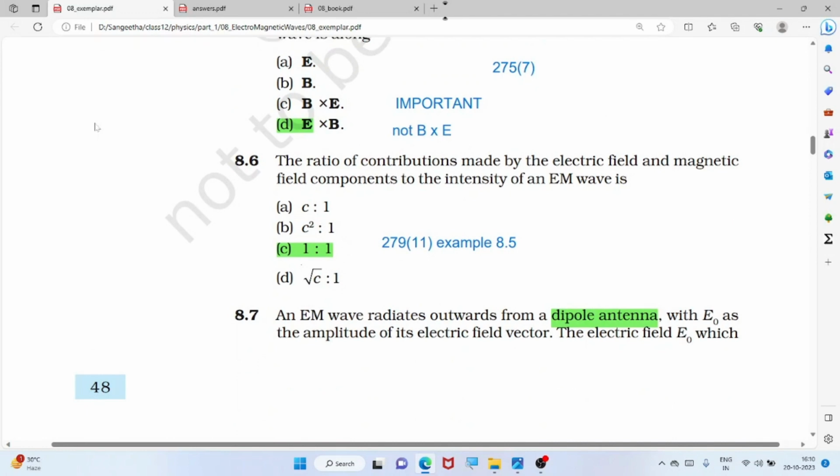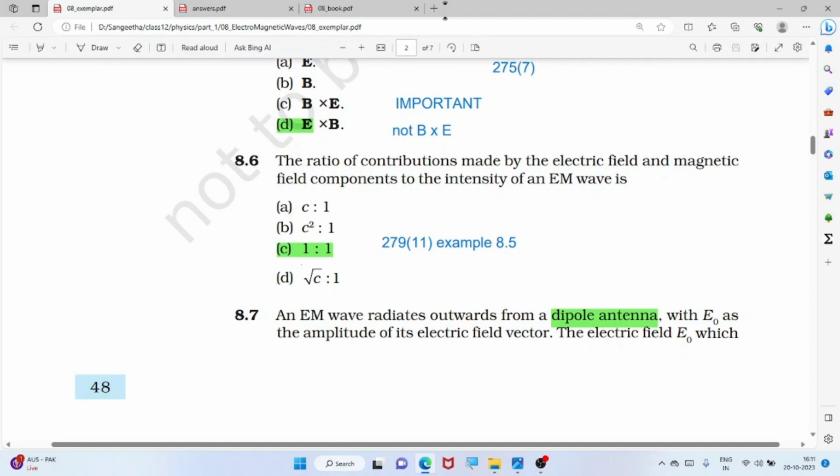The ratio of the contributions made by the electric field and magnetic field to the intensity of the EM wave. Here the important thing is intensity. Because there is radiation pressure, in that the electric field component is not contributing to the radiation pressure. So here they are asking the contribution to the intensity. So the intensity has equal contribution, that is 1:1.